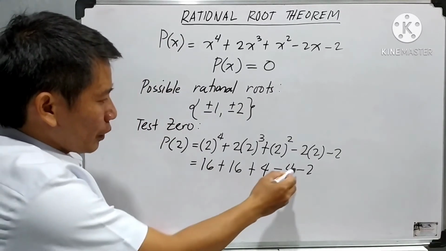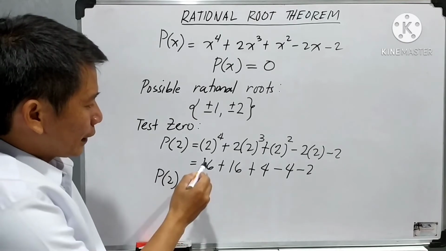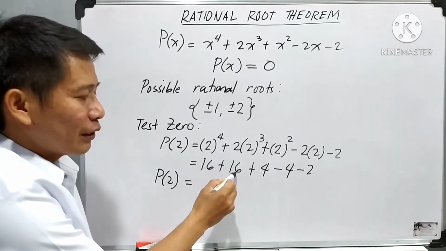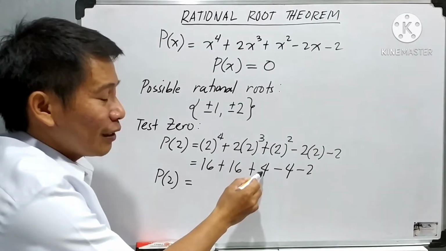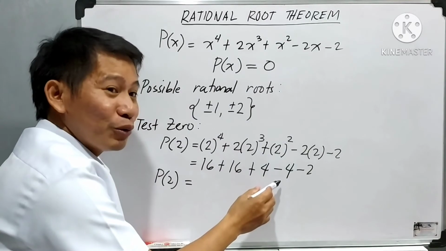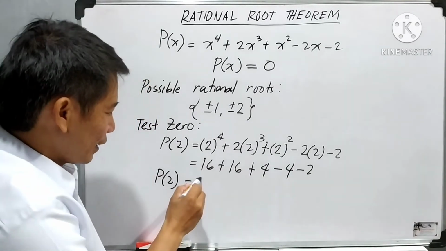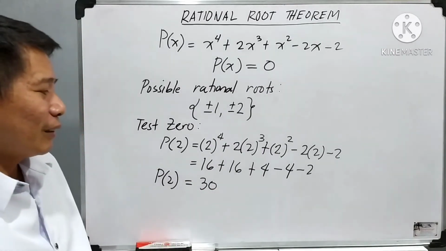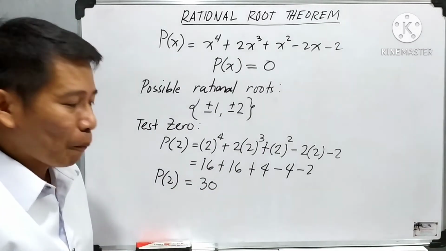Okay, if you will compute this, so what is our p of 2? 16 plus 16, that is 32. Plus 4, that is 36. Minus 4, that is 32. Minus 2, that is 30. So it means p of 2 is 30.